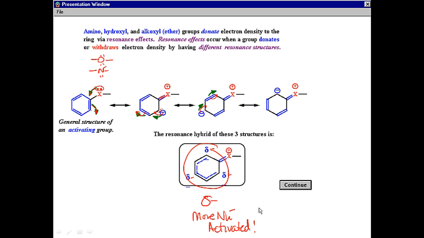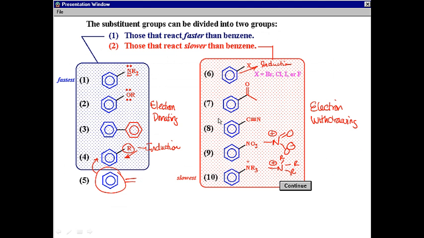So any atom that's attached that has a lone pair on it, like nitrogen and oxygen, by drawing these 3 resonance structures, I've now pushed electron density into that ring. So if we go back to our chart, we can see that the resonance effect plays a role with nitrogen and with oxygen. And these are the 2 most activated groups that I can have. Therefore, resonance must be a very powerful tool to push electron density into the ring.